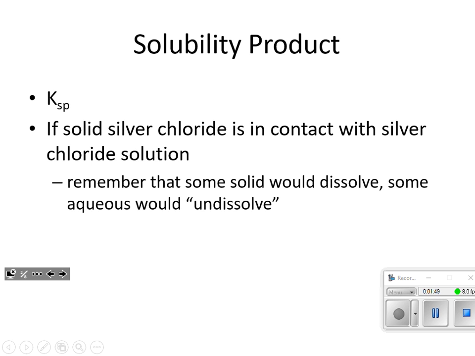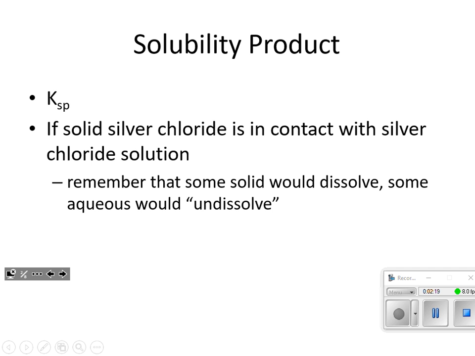For example, solubility is based upon dissolving. If I were to dissolve sodium chloride in solution, I can make sodium chloride solution. At some point, if I keep on adding sodium chloride solid, I won't be able to dissolve anymore. In Chem 1, we talked about that being a saturated solution.